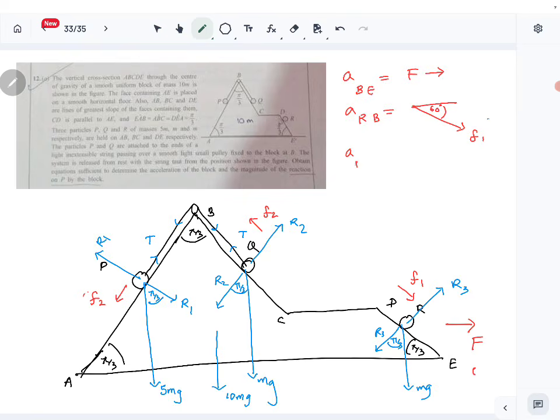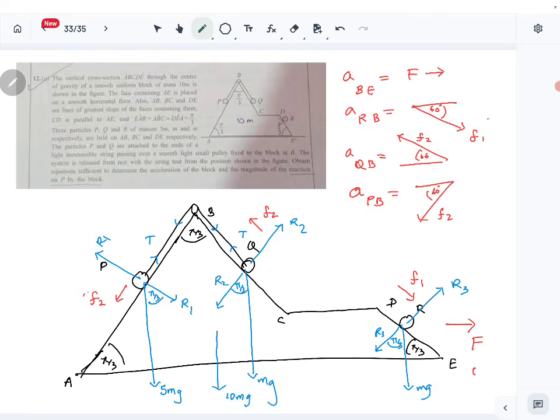A Q relative to B, it's going to be in this direction. It makes a 60-degree angle, f2 up, and then A P B, that is in this direction, f2 down with a 60-degree angle, right?